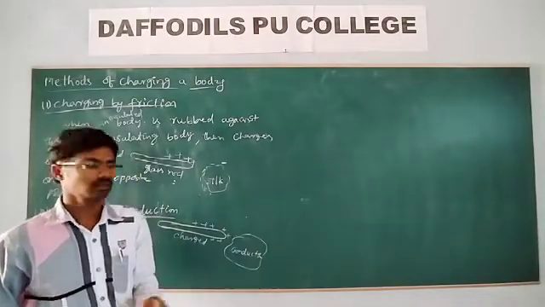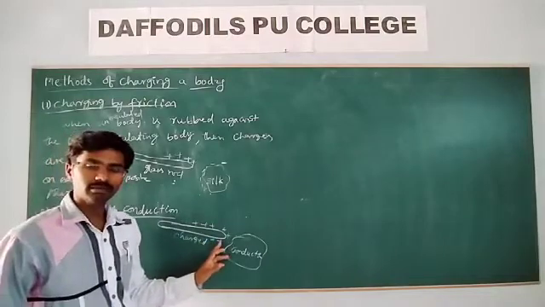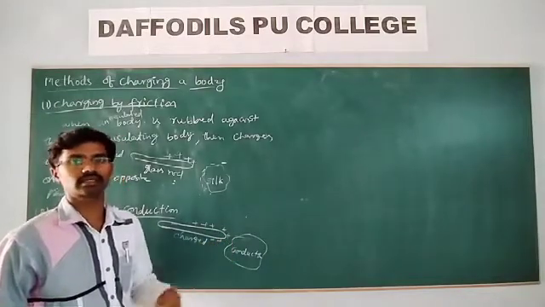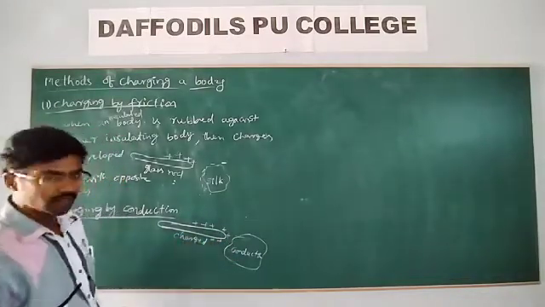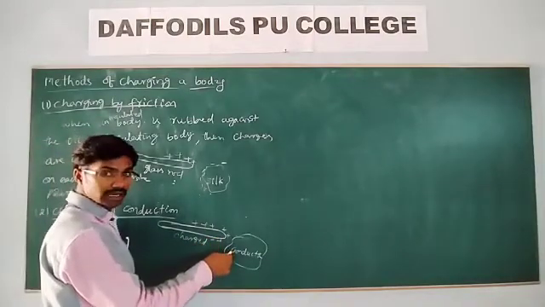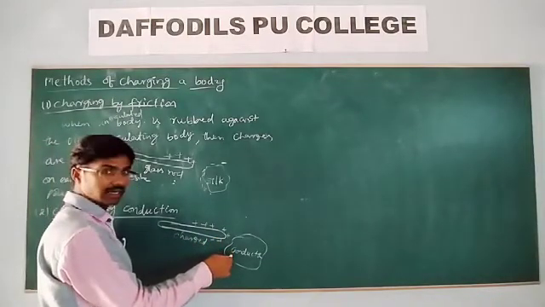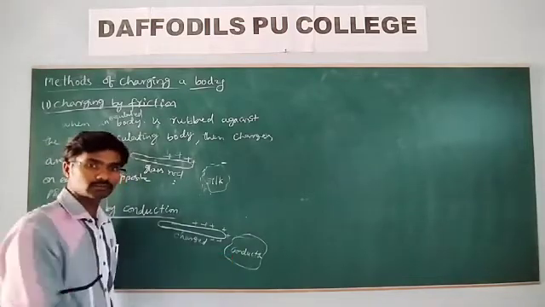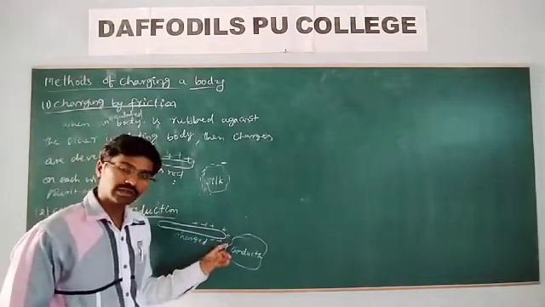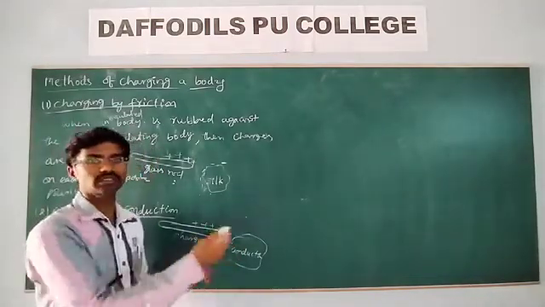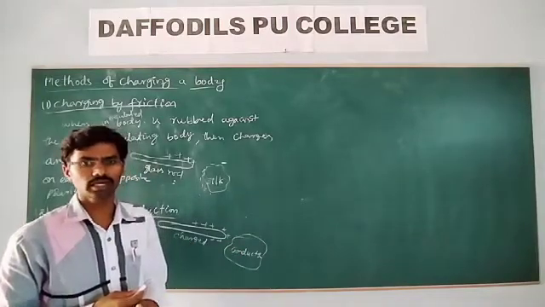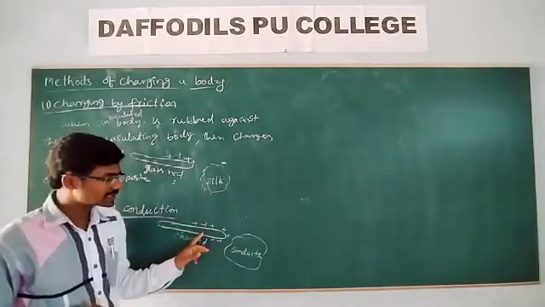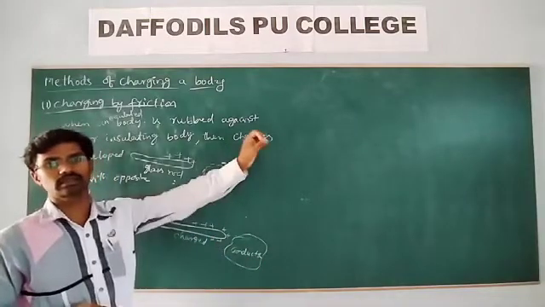Are you clear? So these charges will be transferred onto this conductor. Because of this, the conductor also will get positive charge. We already discussed that whenever a charge is given to a conductor, it is spread over the surface of the conductor. Now this charge is shared by the two conductors.